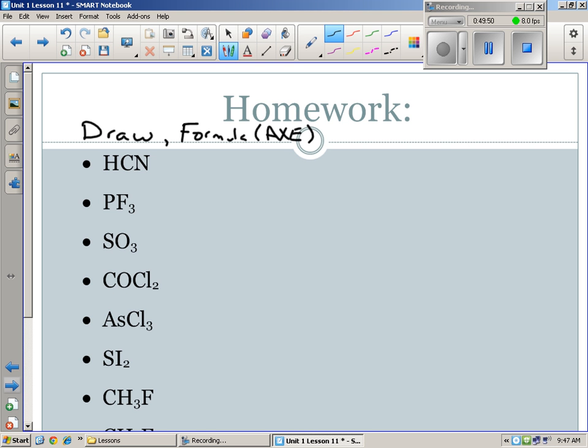And you're going to tell me the name of the shape. So trigonal pyramidal, tetrahedral, bent, whatever. Trigonal planar, bent, and the bond angle for each one of these. And that's all I've got for you today.